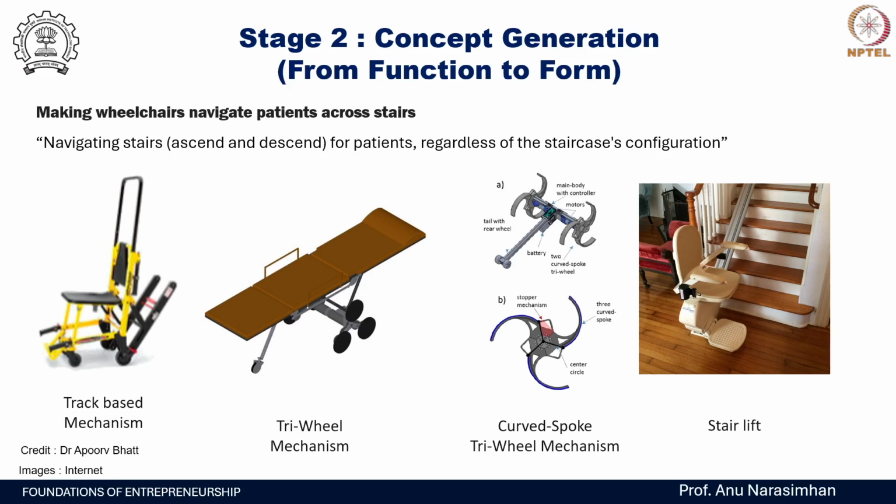So, how is it that we can build for navigating stairs, ascending, going up, descending, going down for patients regardless of the staircase's configuration. So, this is the problem statement, and these were four prototypes or MVPs which had different technologies built in, which had different mechanisms built in, but in all of them there were both form as well as function.